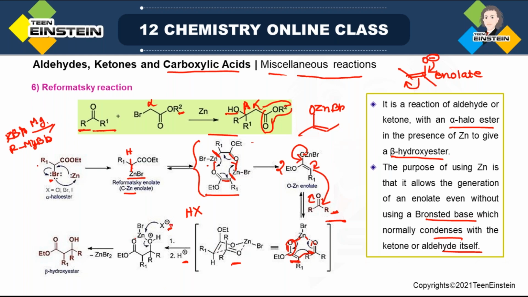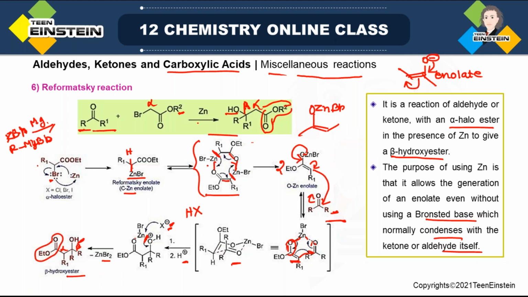If it is HBr, Br minus is attacking the Zn, the OZn bond is broken, and OH forms. So this is the final beta hydroxy ester, because with respect to the ester group, this is the alpha position, this is the beta position. And zinc is removed in the form of ZnBr2.